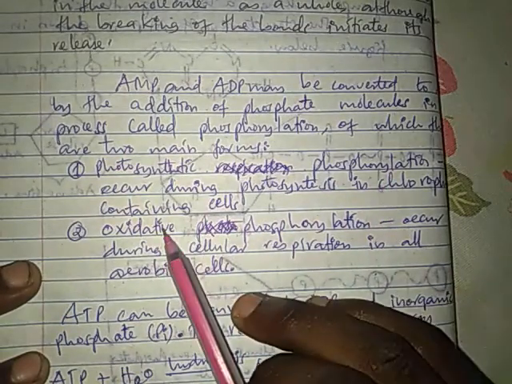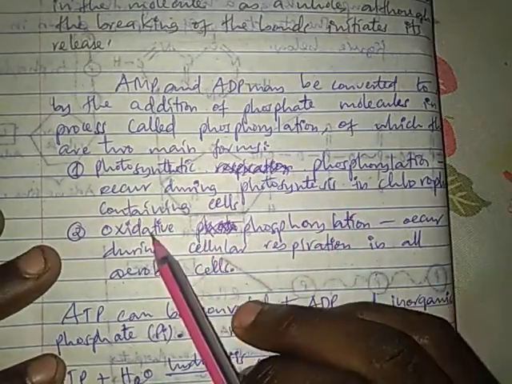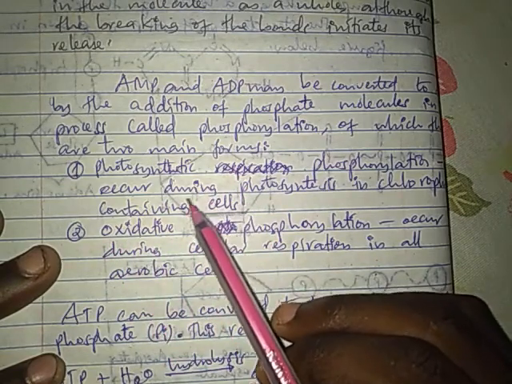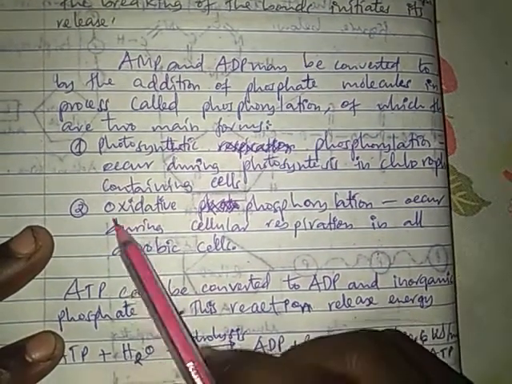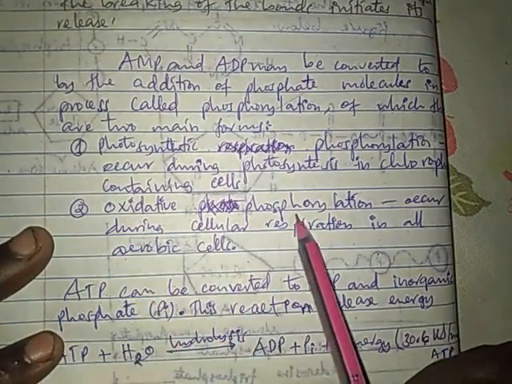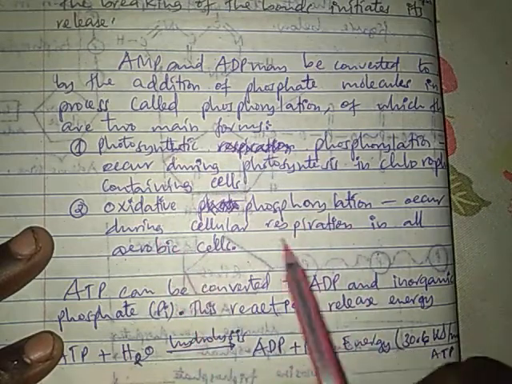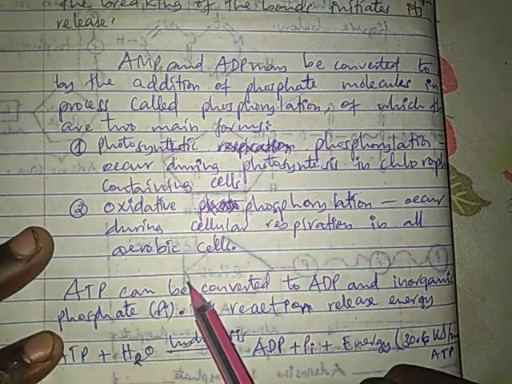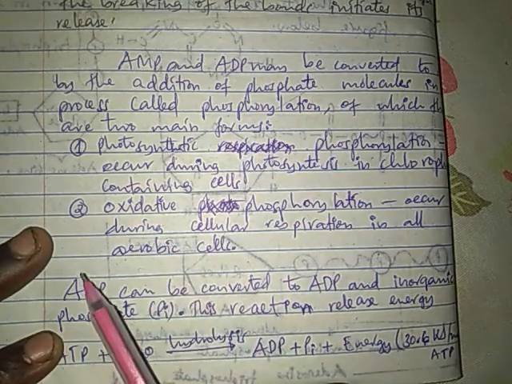We have photosynthetic phosphorylation, which occurs during photosynthesis in chlorophyll containing cells, and it's sometimes called photophosphorylation, as we have already discussed in nutrition. And then you have oxidative phosphorylation, which occurs during cellular respiration in all aerobic cells.